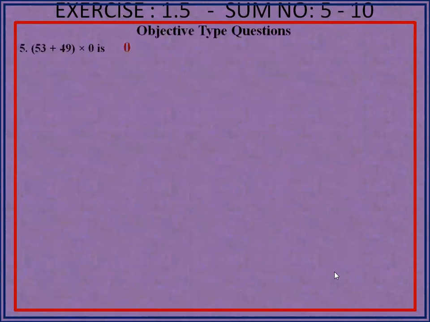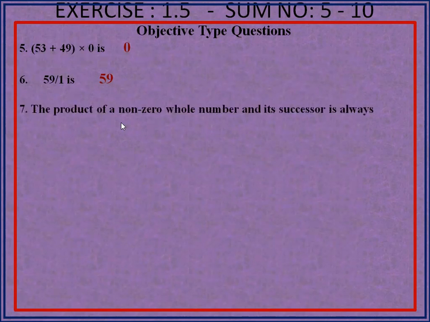Now we'll move on to the objectives. 53 plus 49 into 0 is 53, because any number multiplied by 0 is 0. 59 divided by 1 is 59. The product of a non-zero whole number and its successor is always an even number.